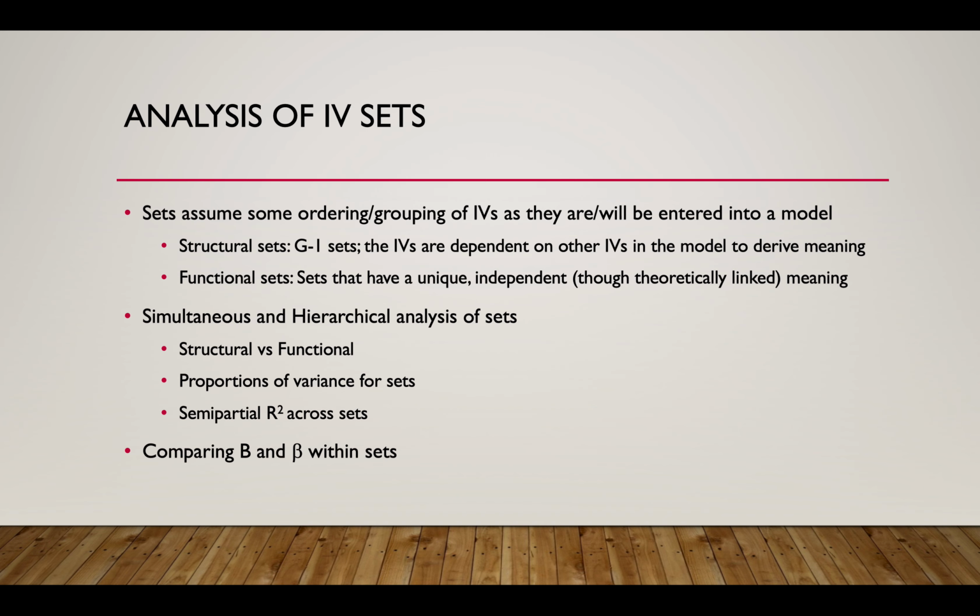We also have functional sets, and functional sets tend to be variables that are, for some reason, interrelated. They have some sort of functional or theoretical link. And a good example of that is subtests for an IQ.